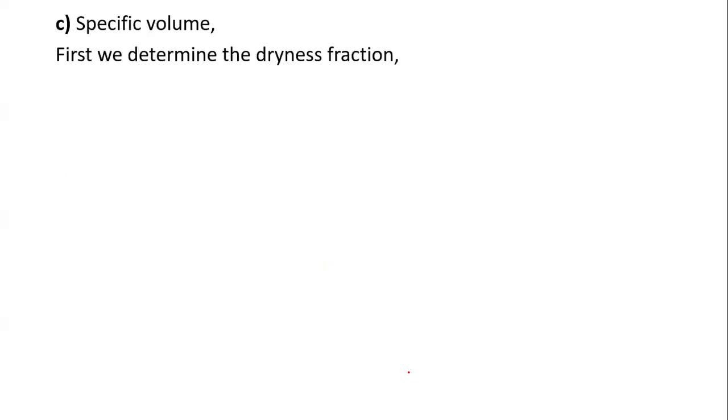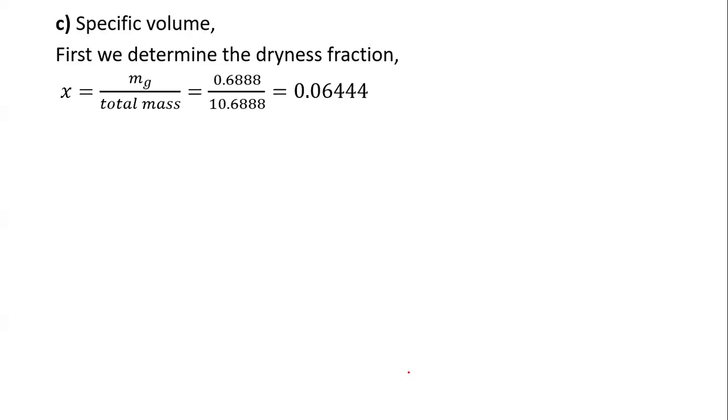Specific volume. First, we cannot talk about this one before knowing the dryness fraction. The dryness fraction tells us how dry your vapor is. If it's completely dry, then the dryness fraction is 1. So in this case, the dryness fraction is the mass of the gas divided by the total mass.